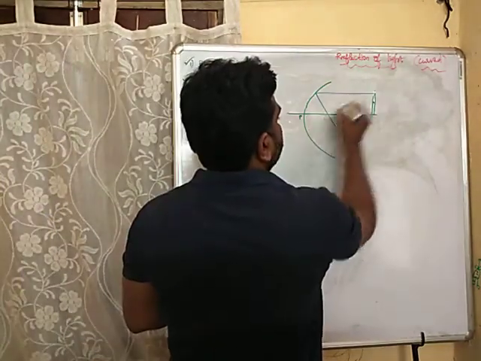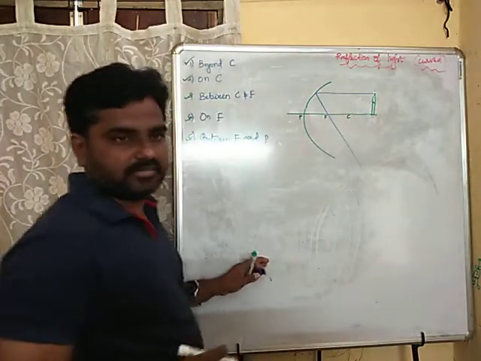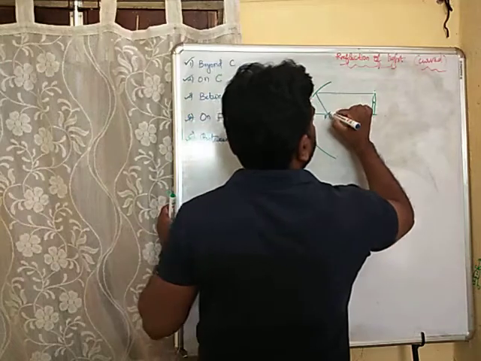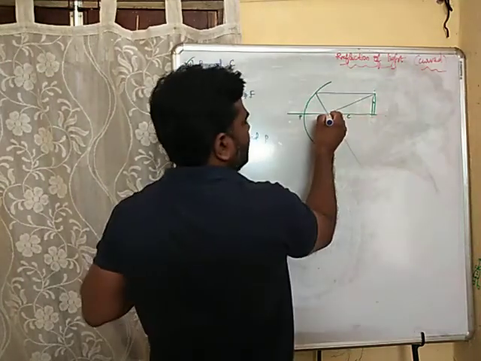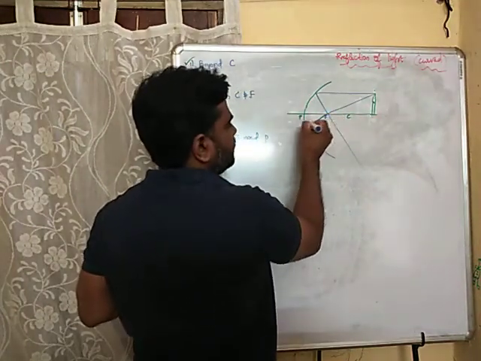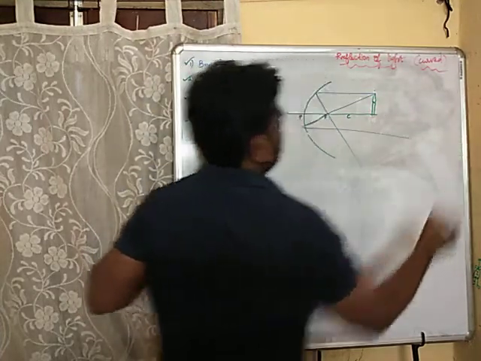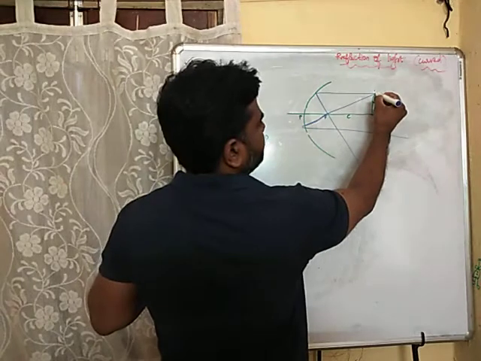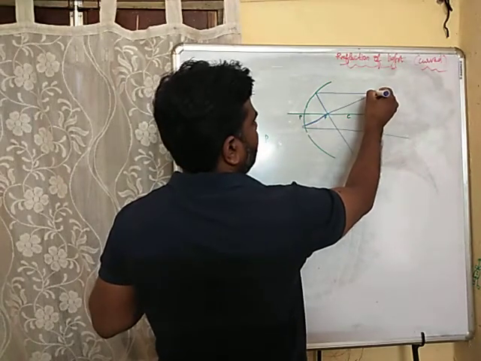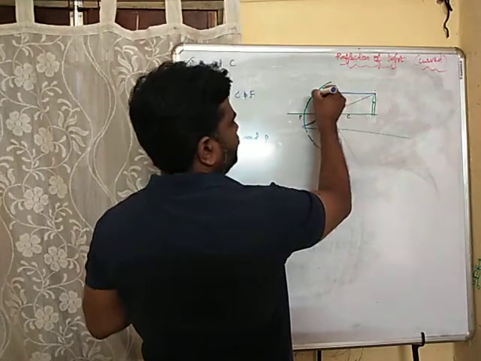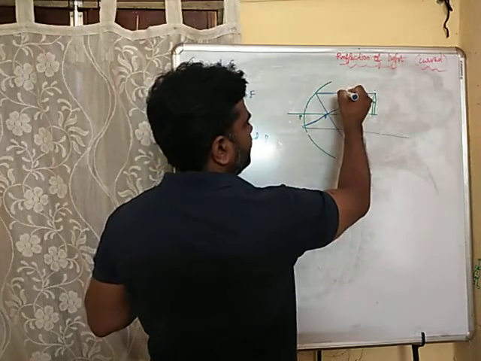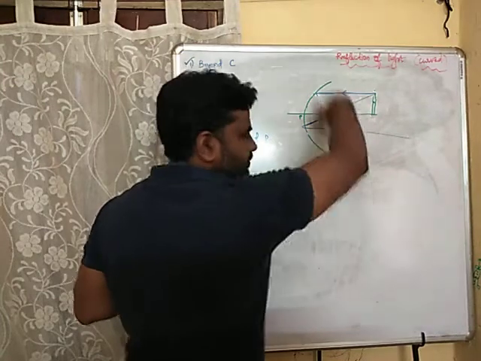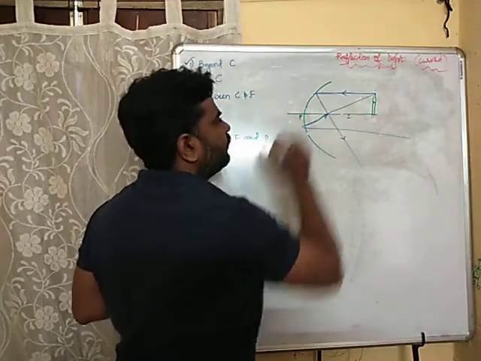Now the second light ray, assume that this is the focus. Now the second principal ray diagram I am using is the light ray which is passing through the focus will become parallel. Did you understand? First ray I am taking is the light ray which is parallel to the principal axis. After touching this concave mirror, it reflects back and has to pass through the focus.